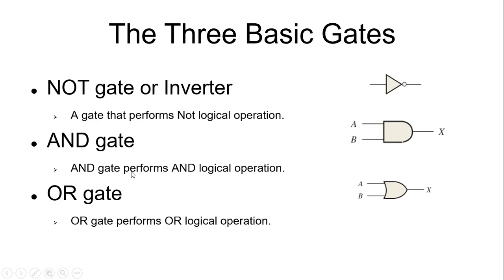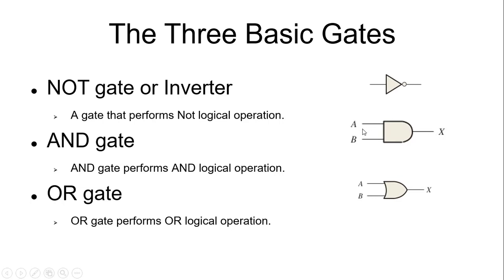AND gate performs the AND logical operation. This is the symbol of a two input AND gate. If we have a 3 input gate, we will have another input line over here. If we have a 4 input gate, we will have 4 lines at the input side. The left side again is the input side and the right side, X, is the output.